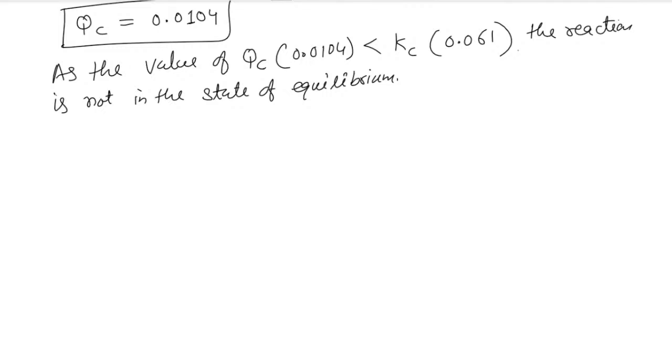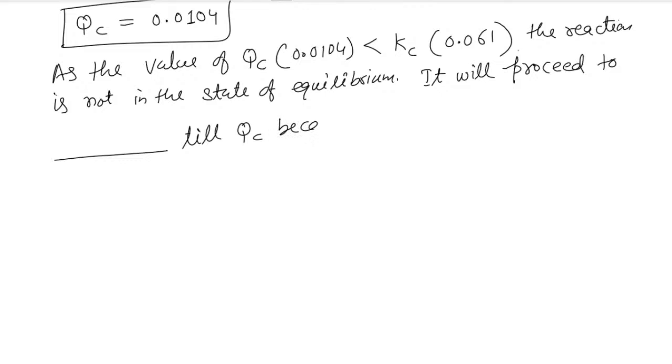Will it proceed in the forward direction or backward? It will proceed till Qc becomes equal to Kc. In which direction will it proceed, beta?